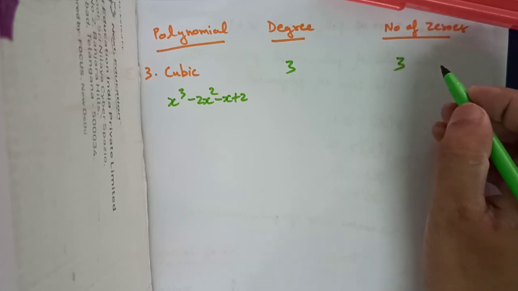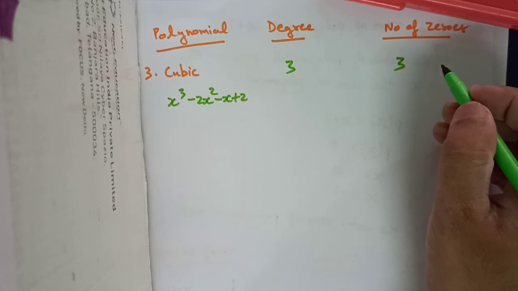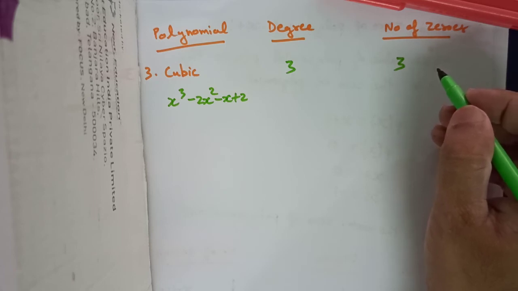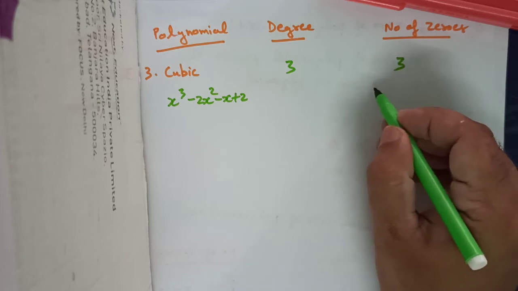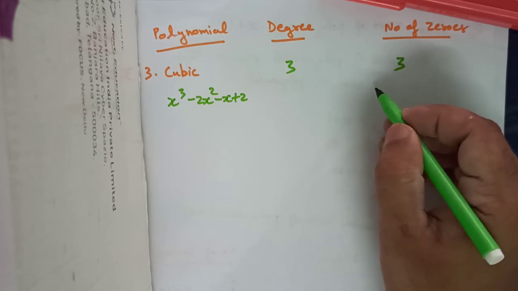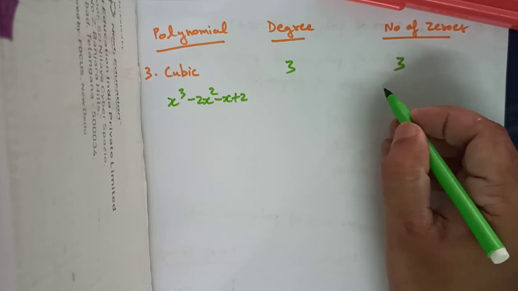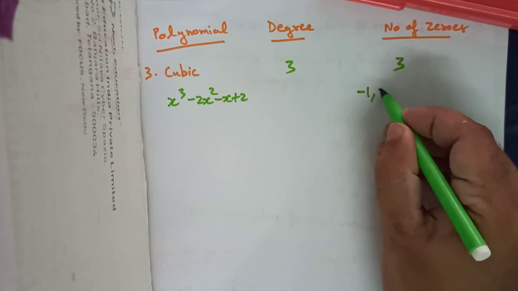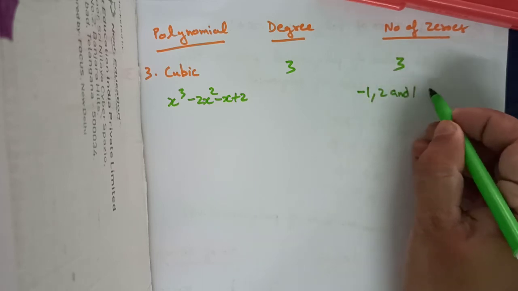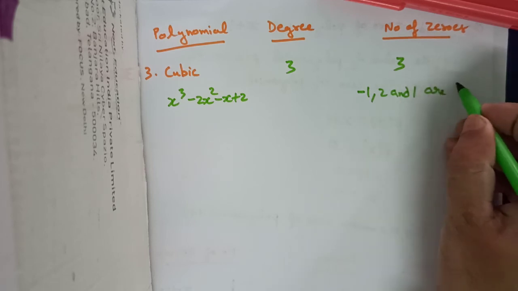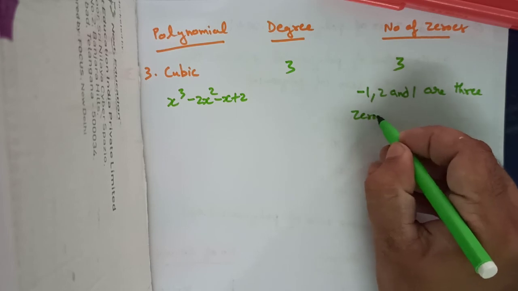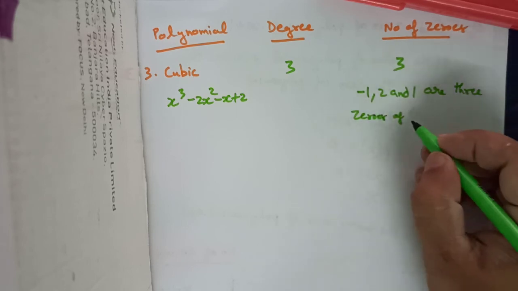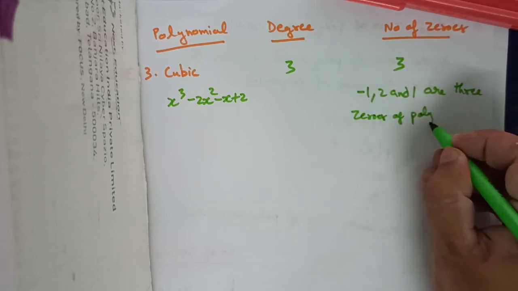I have told you that the number of zeros is equal to the degree of the given polynomial. So the number of zeros will also be 3. Like in the given polynomial, x cube minus 2x square minus x plus 2, minus 1, 2 and 1 are the three zeros of the polynomial. Okay.